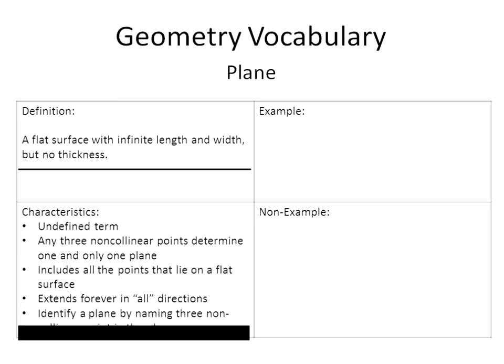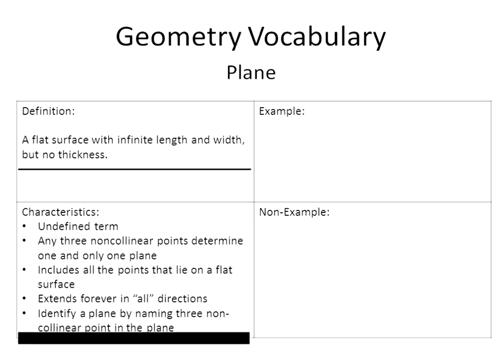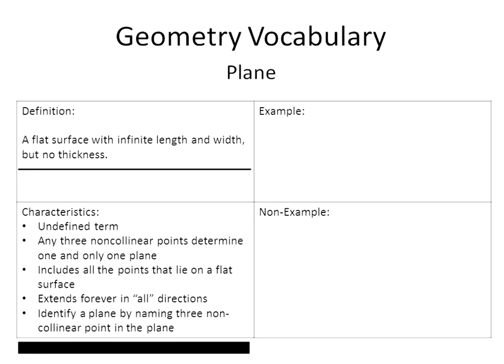So you identify a plane by naming the three non-collinear points in the plane.